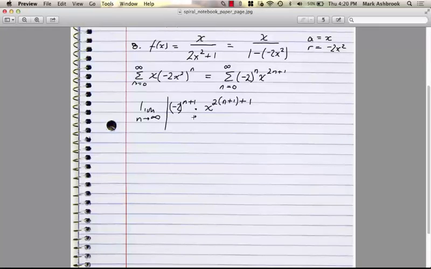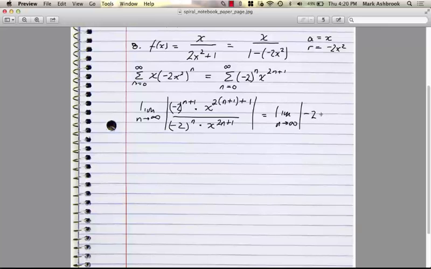Since we don't have a ratio here to start with, I'll just make a ratio over negative 2 to the n. Okay, so I think we'll have one more negative 2 in the top.